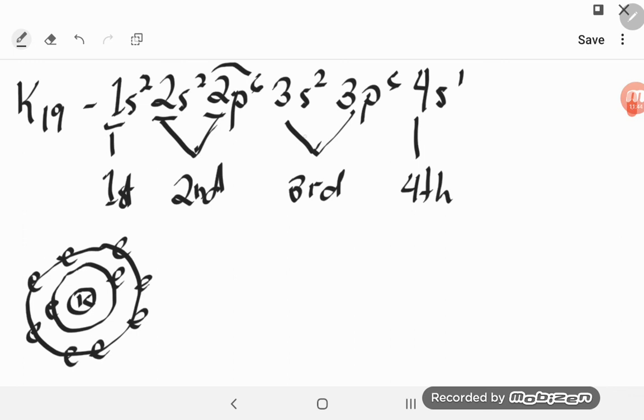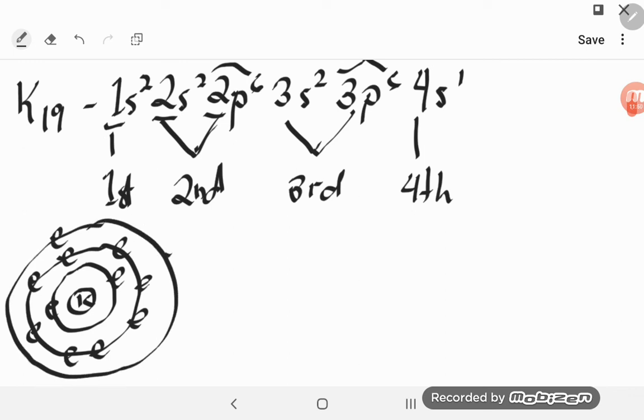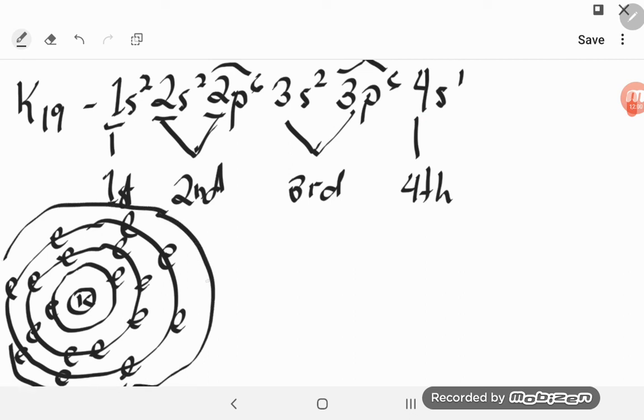In the third energy level, there are also 8 electrons. And in the last energy level, there is only 1 electron. It could be drawn in this manner or can be drawn in this manner too.